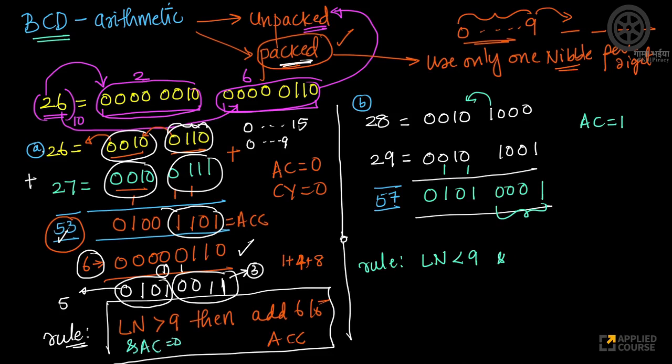When these two got added, and I got this result, my lower nibble was greater than 9, but my auxiliary carry was equal to 0 at that time. Here what's happening? My lower nibble is less than 9. This is another case. My lower nibble, which is 1, is less than 9, but my auxiliary carry is set to 1.